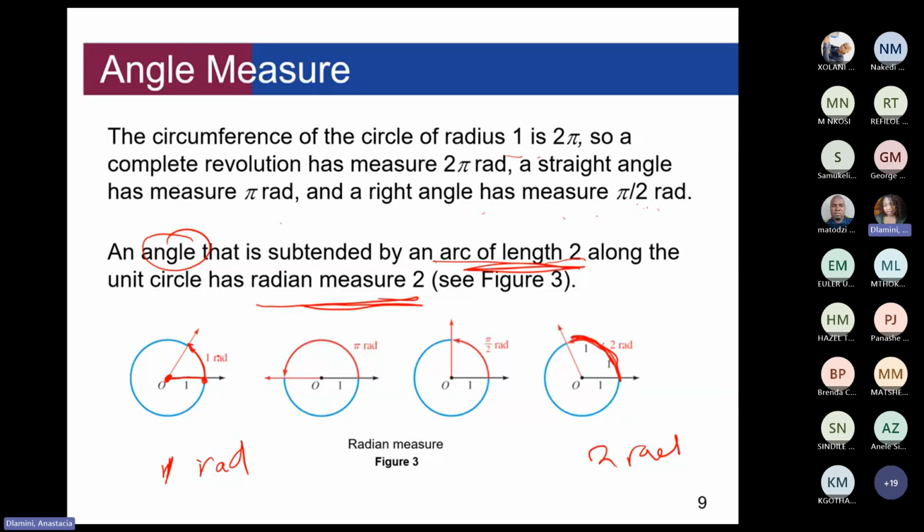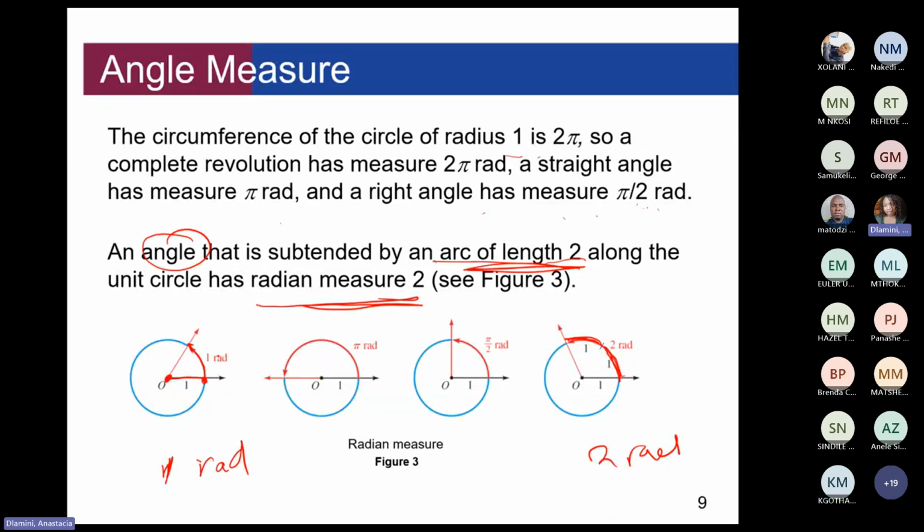Look at here. Here they fit 2 radii. The first one is the same distance as the radius, and the second one is also the same distance as the radius. So there are 2 rads in there. Make sense? So, ma'am, it's 2 rads.